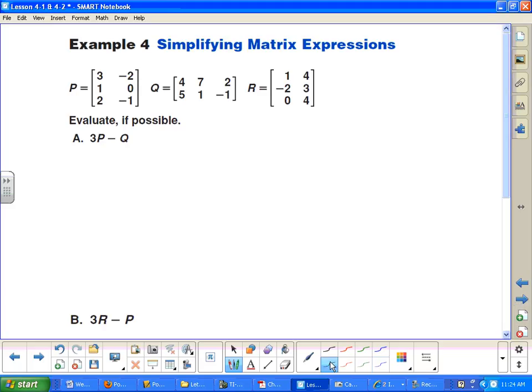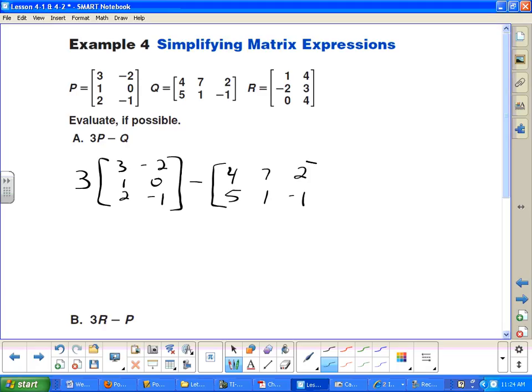So we are going to do 3 times matrix P, so 3, -2, 1, 0, 2, -1, 3 times that matrix, and then I'm going to subtract this one here. So we always want to make sure we do the multiplication first.